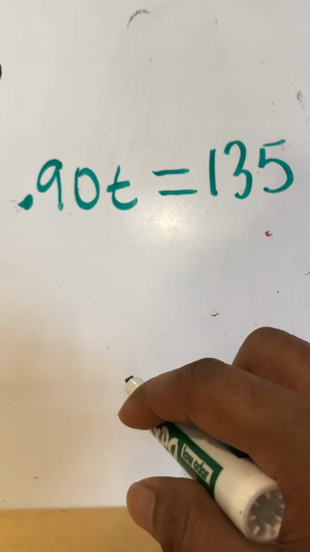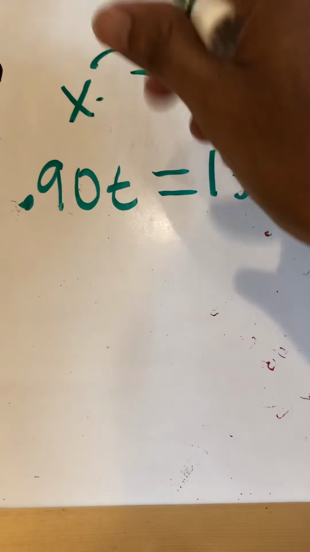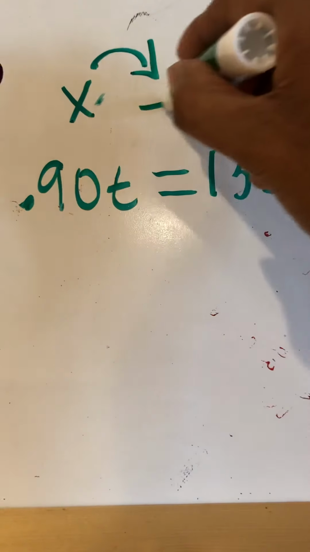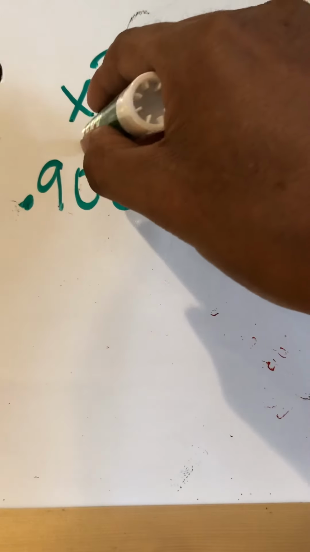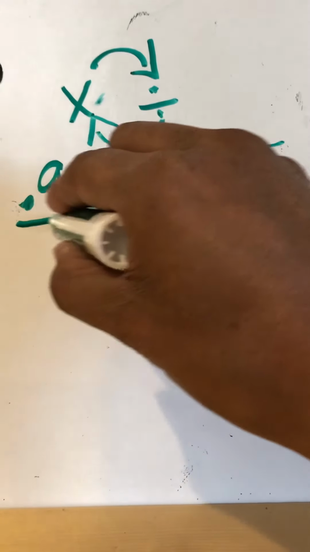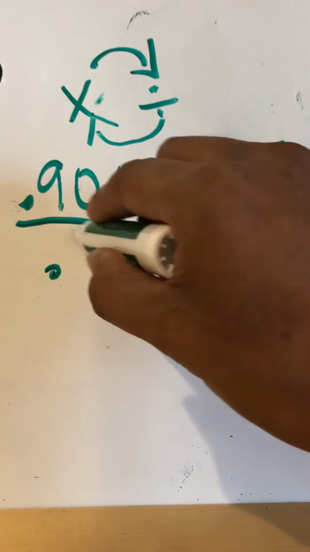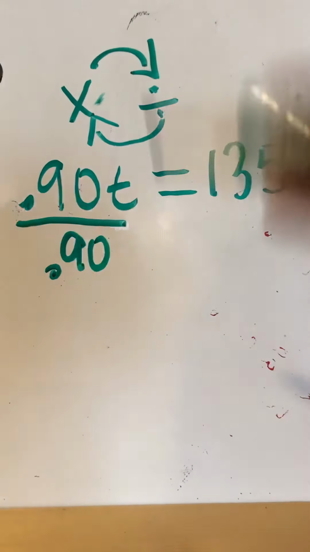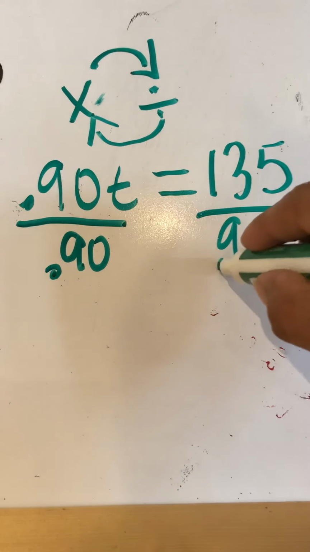Well, the opposite of multiplication is division, and the opposite of division is multiplication, right? So I'm going to use a fraction bar because a fraction bar means division. So I'm going to divide here by 90 hundredths. Whatever we do to one side, we must do to the other side.